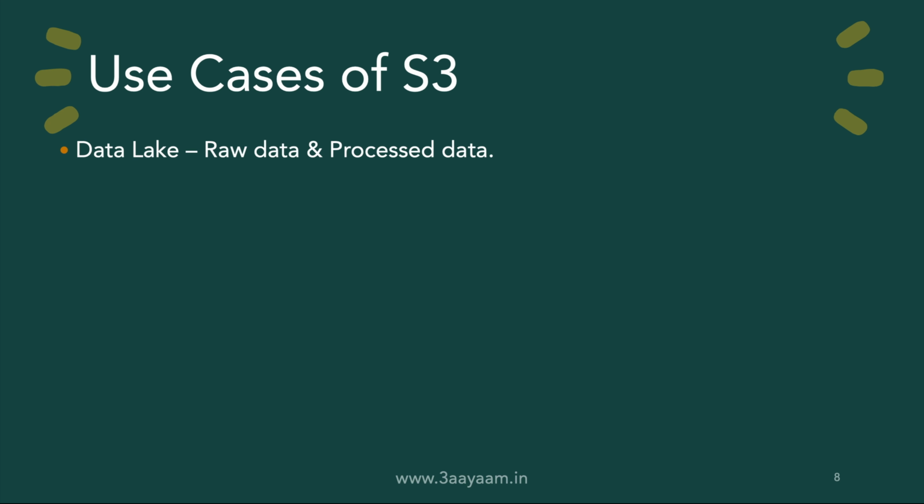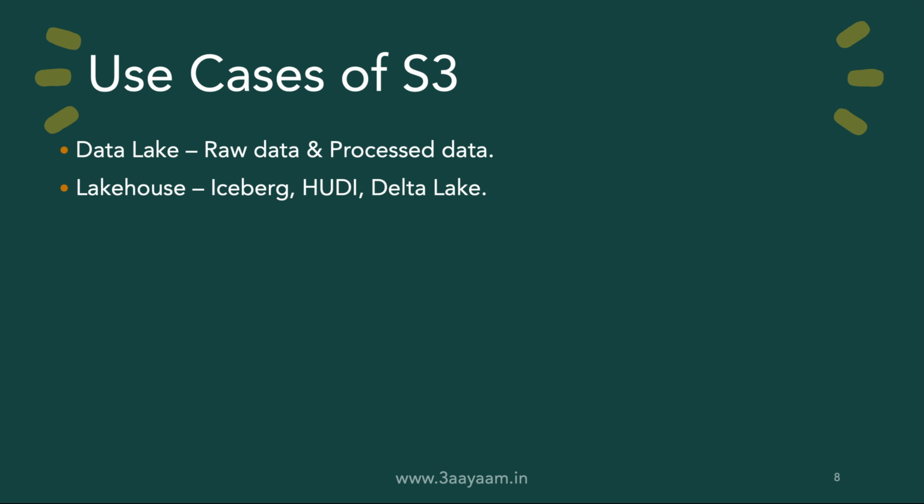As you might have already guessed, S3 can be used as a data lake to store raw data and processed data. Why? Because S3 lets us do that. We can store any type of file format in S3, so that's why it is very good for our data lake. We can also use S3 for Lakehouse. In the introduction, I told you about Lakehouse.